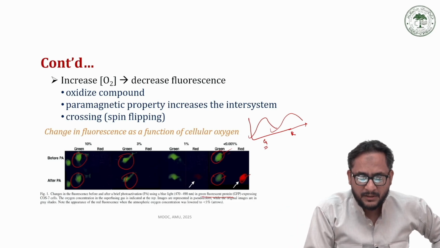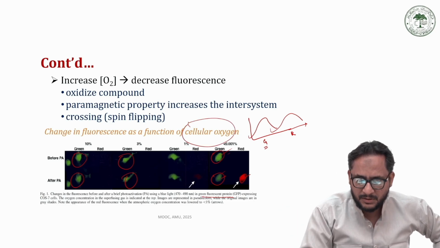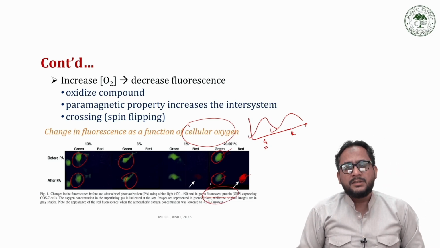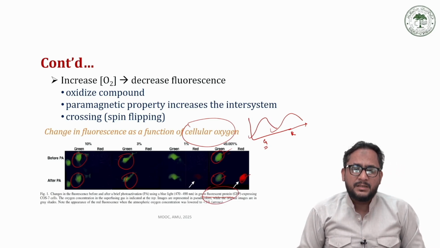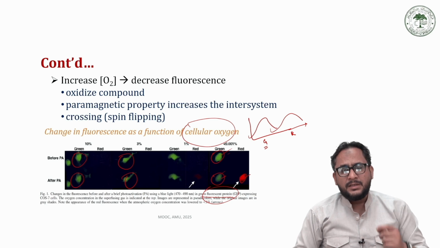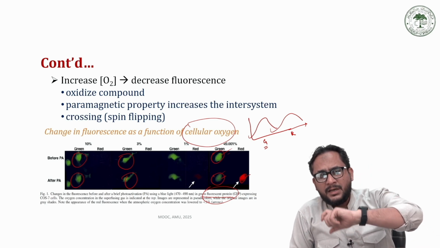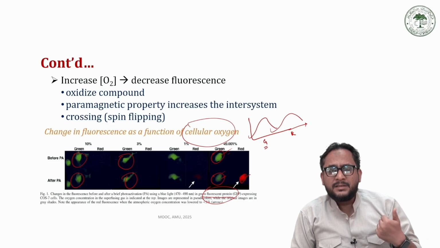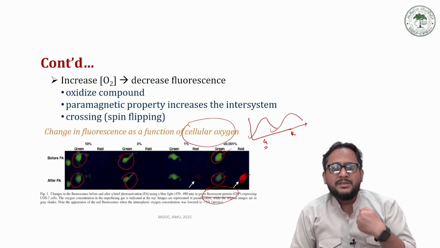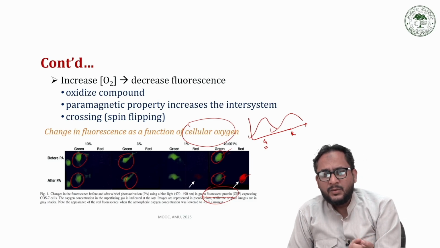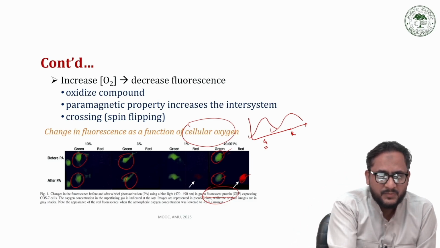This is because of the presence of cellular oxygen, because cells have oxygen uptake. That oxygen basically binds that fluorescent protein, and thus it reduces the intensity of the light. It decreases the intensity, it increases the wavelength, and therefore instead of green light we are getting red light.